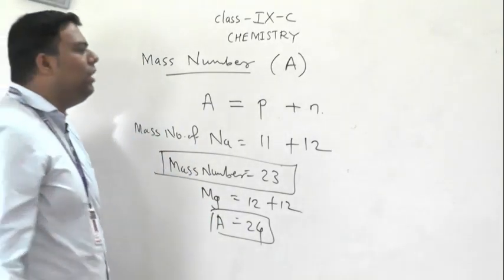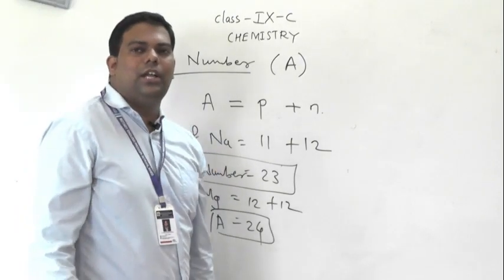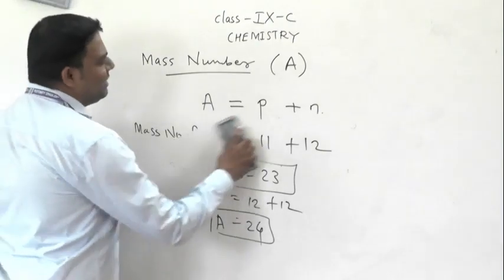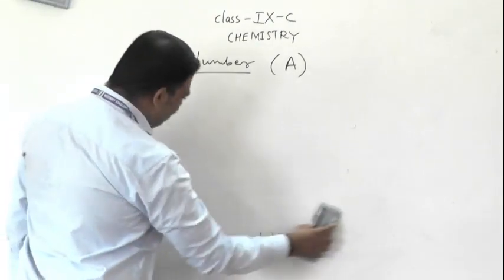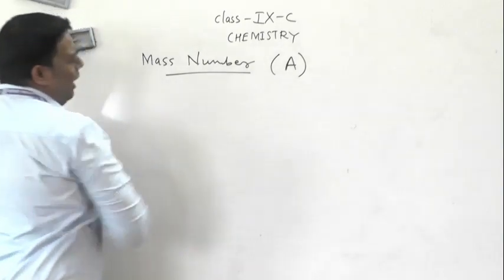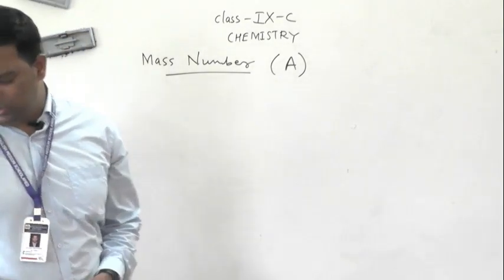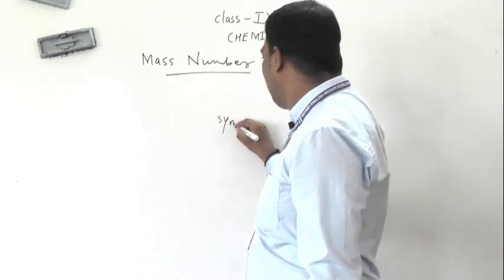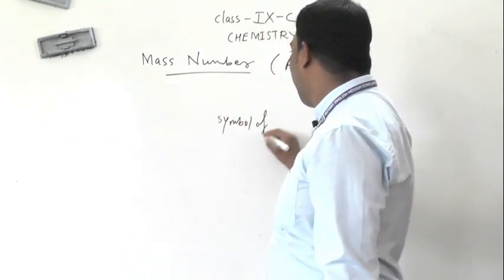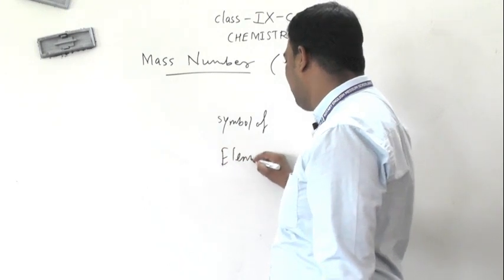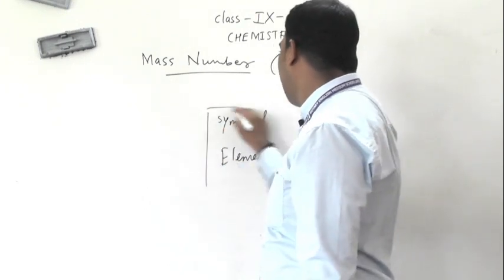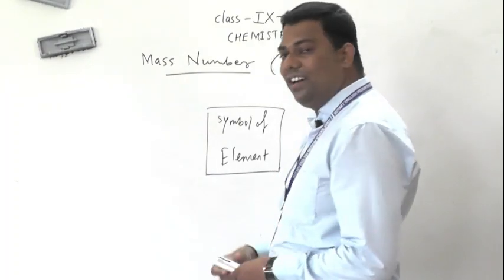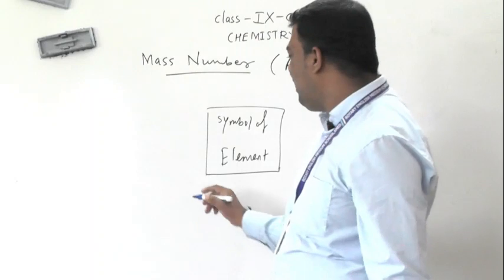Now see the representation of mass number, or we can say atomic mass. Mass number is also called atomic mass. How can we represent this? With the symbol of the element, and in the lower left we write the atomic number.